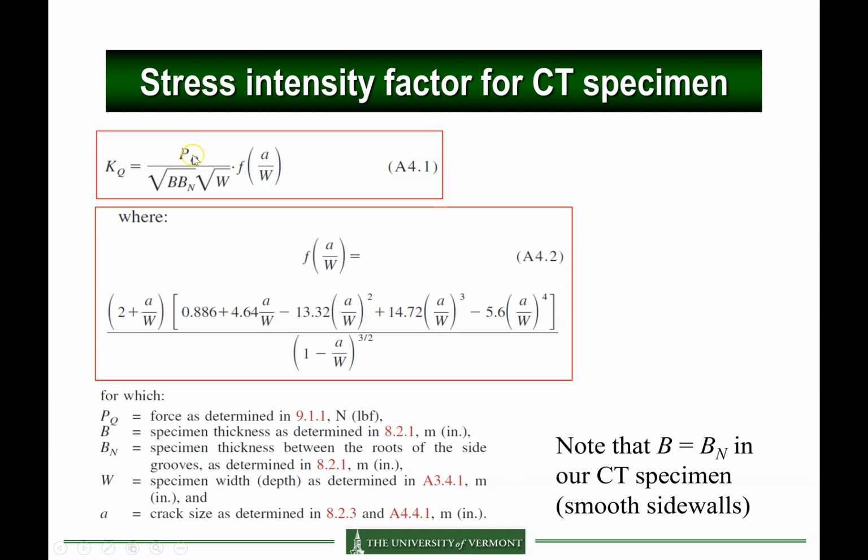So PQ means it's the critical load at which we have catastrophic failure, and I explained the method to determine this load. And then after the specimen is broken in two halves, we look at the surface and we'll see the transition when it went from fatigue to the fracture toughness experiment.